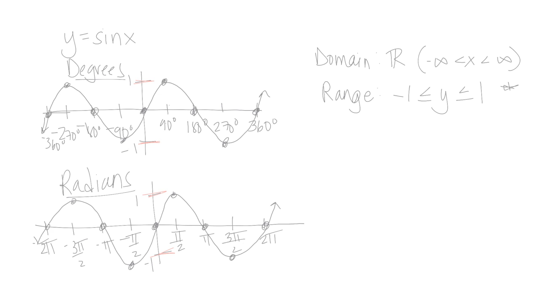Okay, then I mentioned before that we were graphing here 2 cycles. One cycle would be the part of the graph that doesn't yet repeat. So from here to here is 1 cycle. Because then it starts to repeat, right? This is the same thing.